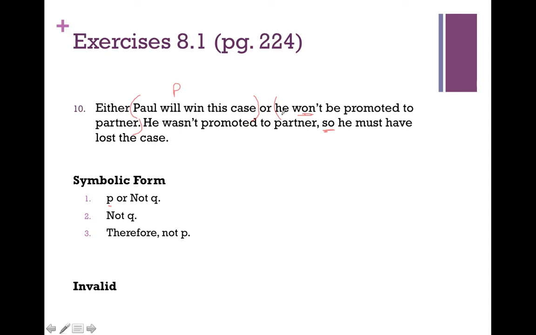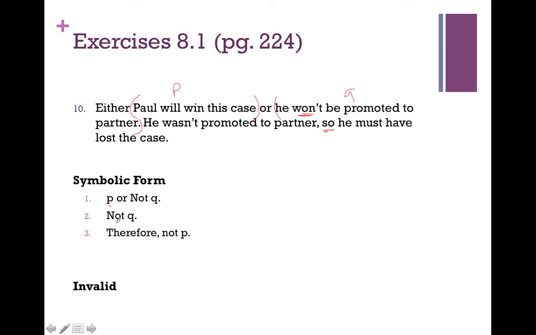But then we look right here at the second part of the disjunction. He won't be promoted to partner. Now, notice that negative. I pointed that out a second ago. We're saying not Q. We're saying he won't be promoted to partner. So Q is going to represent he will be promoted to partner. So the first proposition here in our disjunctive syllogism is P or not Q. And then we say he wasn't promoted, so not Q, therefore not P.